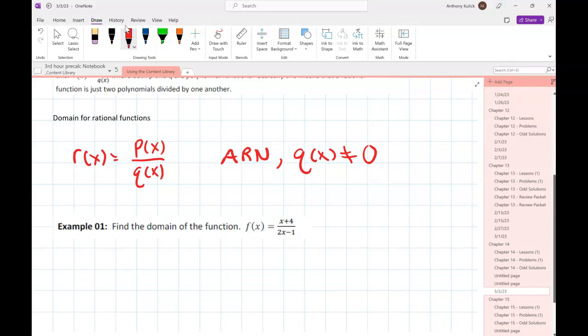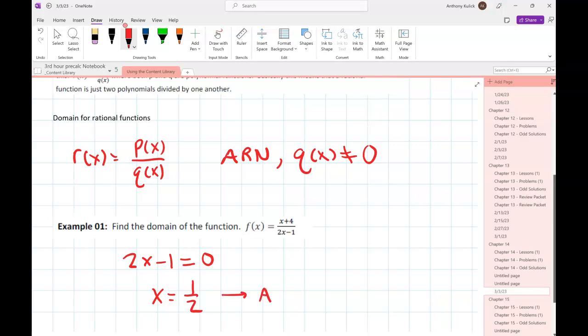Do I have a polynomial divided by another polynomial? Yeah, right? Those are just two linear functions. So to find the domain, I'm just going to start by taking the denominator and setting it equal to 0. Now that's easy to solve, right? What's the solution to this? 1/2. I add 1 to both sides and then divide by 2.